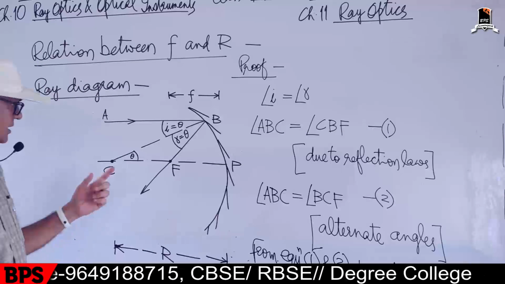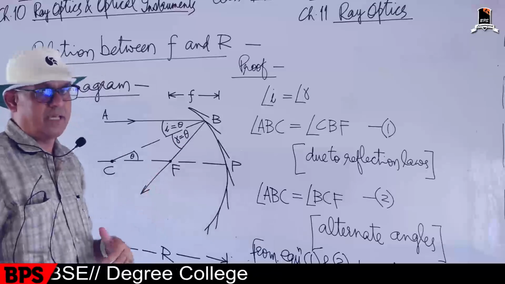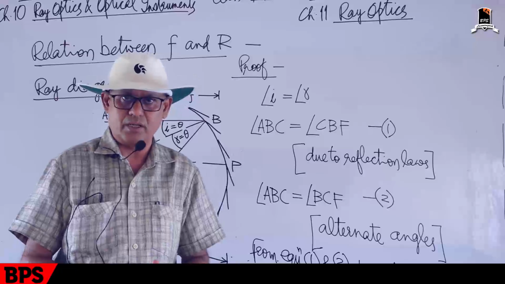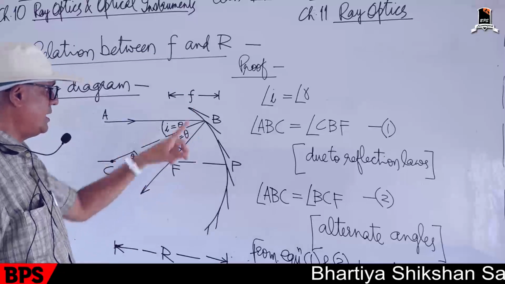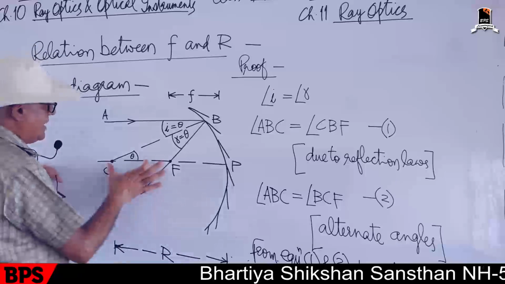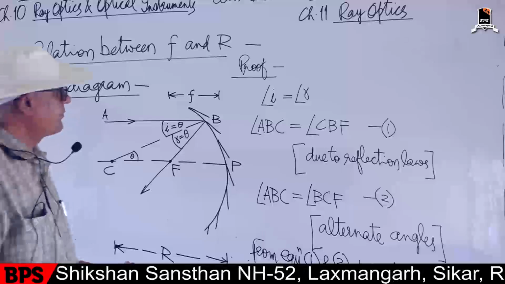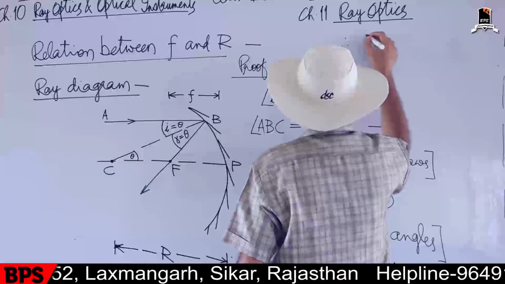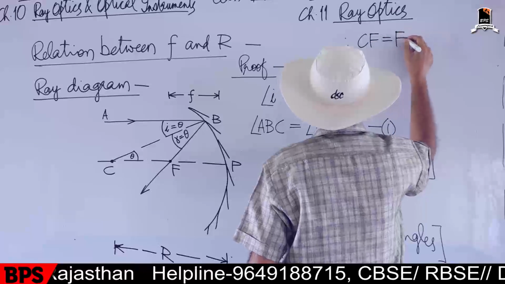Why isosceles? Because these two angles are equal, therefore their opposite sides are also equal. So triangle CFB is isosceles, therefore CF is equal to FB.